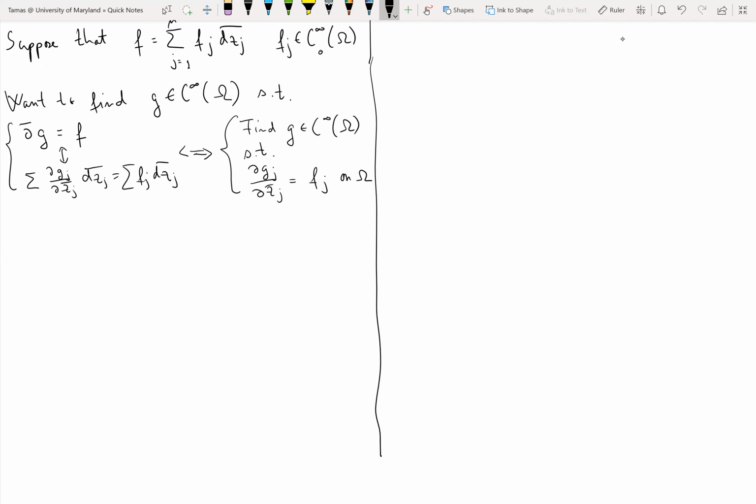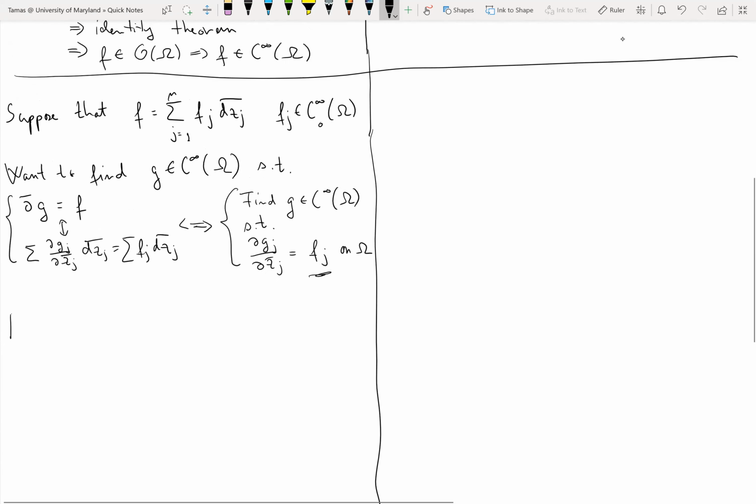Now, what you notice immediately is that this system of equations, where you have n equations, is overdetermined, and you need to have some constraints on F. To start with, you can take partial derivatives in any order.